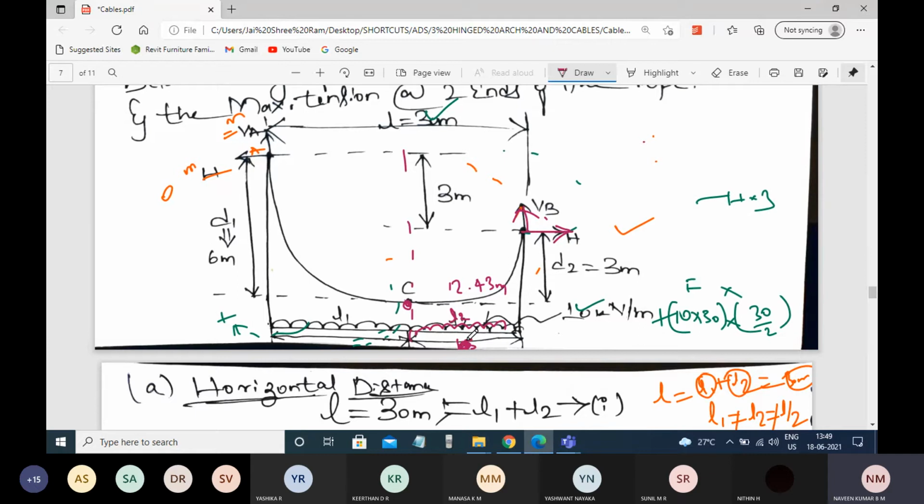When the supports are at the same level, you can consider that. When they are at different levels, L1 and L2 are different. So now let me calculate the moment about point C. VB is acting vertically upward to reach C. So now you are finding from RHS, right?